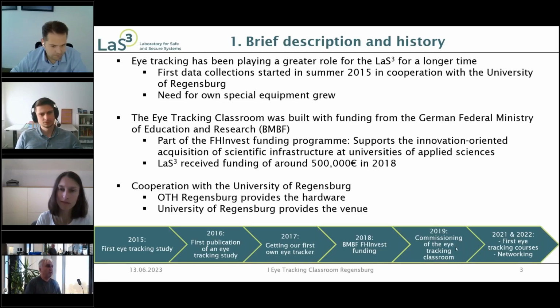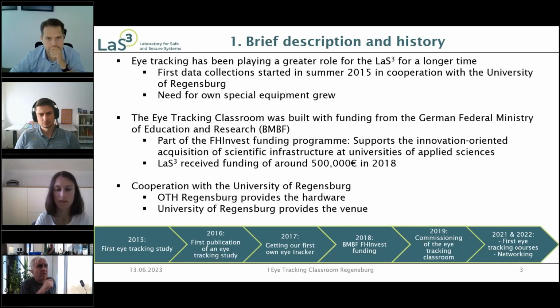Yes, and then we did our first eye tracking courses, networking activities. We speak about this. So it's interesting. If you have an eye tracking laboratory, it's a good base to make field tests. But we have in eye tracking the great question of participants.